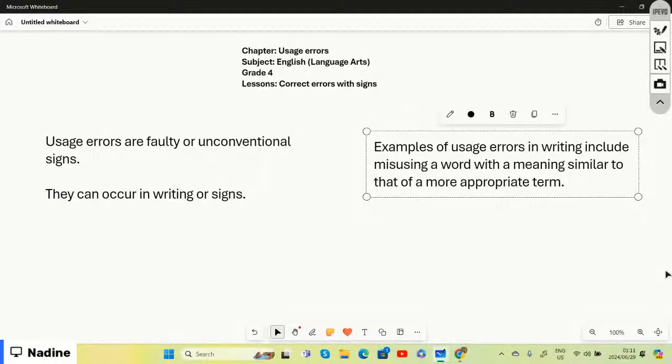And usage errors are more commonly errors where we misspell a certain word, or misspell an inflected ending of a word, or certain words or letters are not added within a specific word.